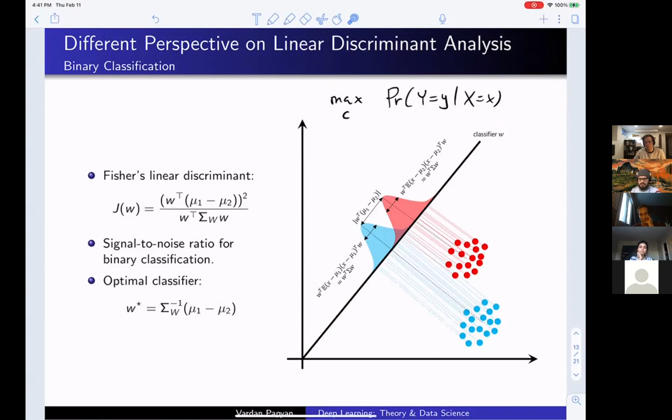If you choose this classifier, then all of these blue data points are going to be projected onto it, and you get a certain mean. If you project Gaussian data onto a certain direction, it remains normally distributed. Here it was a high dimensional distribution, in this case two-dimensional, but once you project it onto a classifier, it becomes a one-dimensional normal distribution.